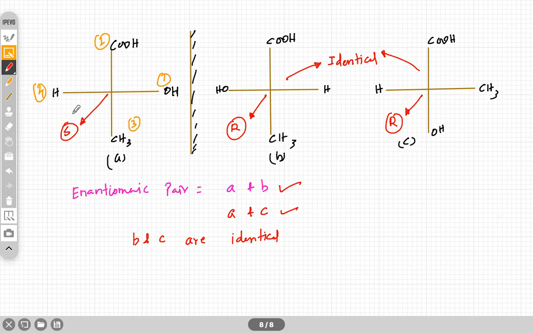Clockwise is R. Anti-clockwise is S. Yes. The interchanged one is S. That's why the original one is R.